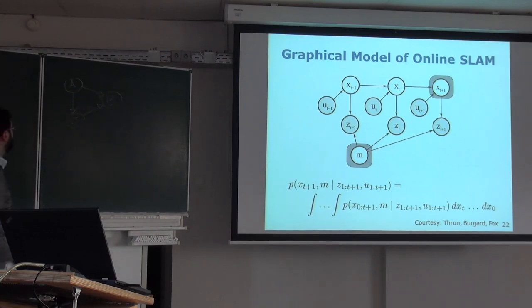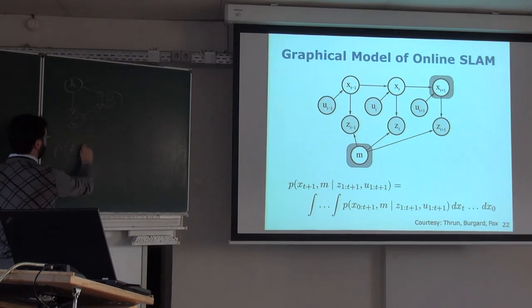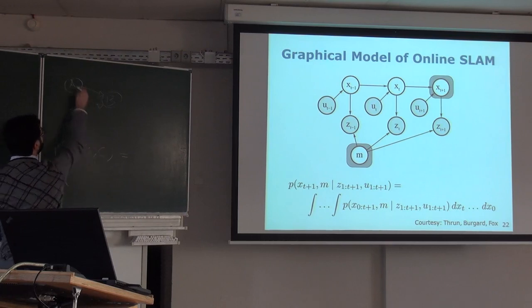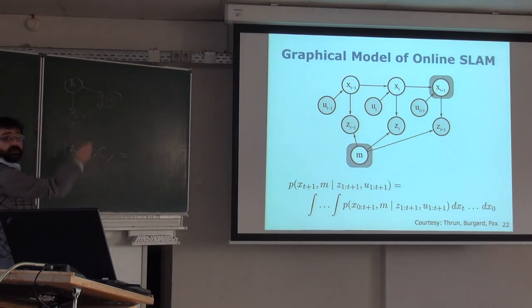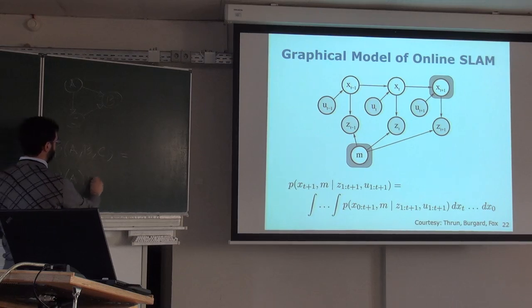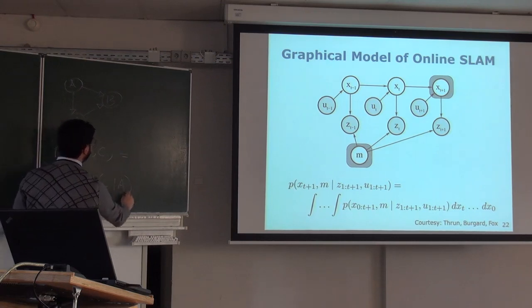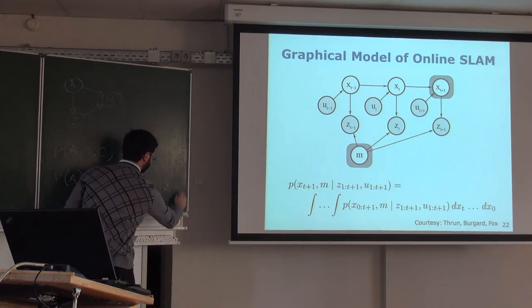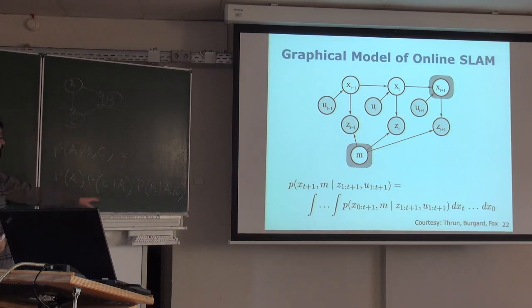Now, if I want to know the joint distribution of all the variables I have there, this is equal to, you go from A, and there's nothing pointing at A, so it's just P of A. Then you have P of C given A, and then B given A and C. So basically this defines you the independence structure of this distribution.